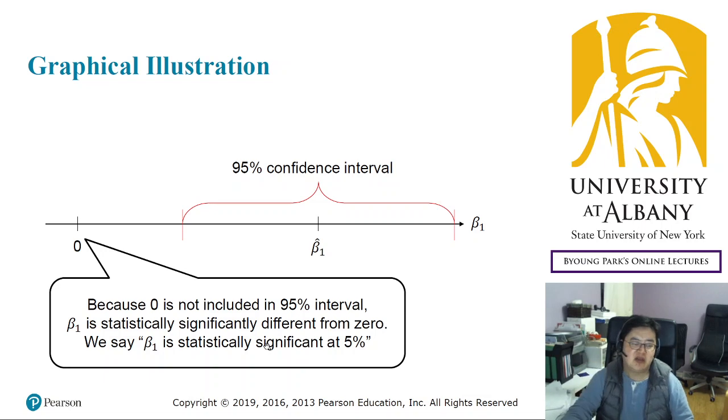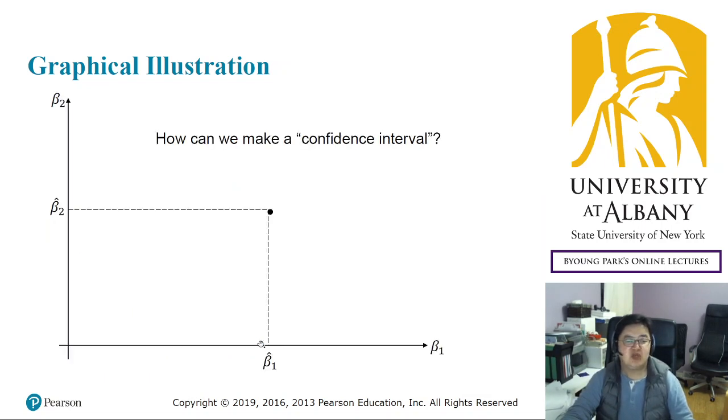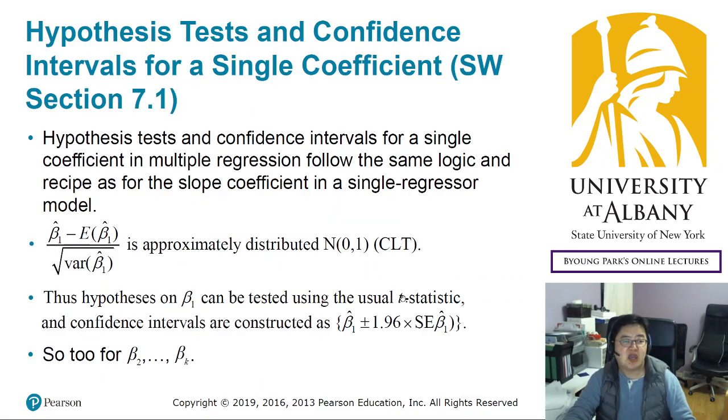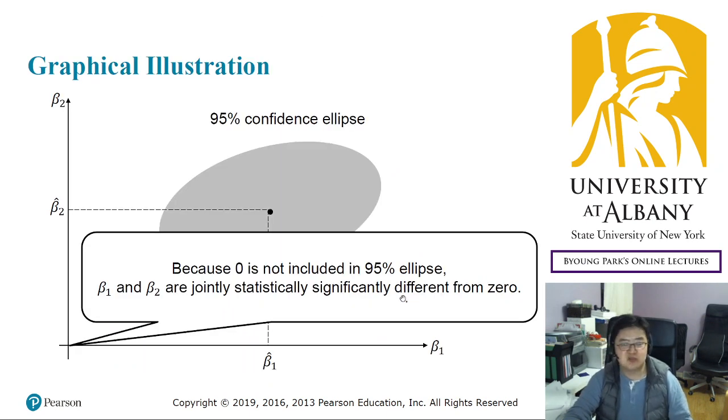Each estimate can be said to be statistically significant, but we don't say jointly statistically significant. It's not wrong, but I have not heard much about that. Okay, that is what we are going to do in the multiple regressor case.